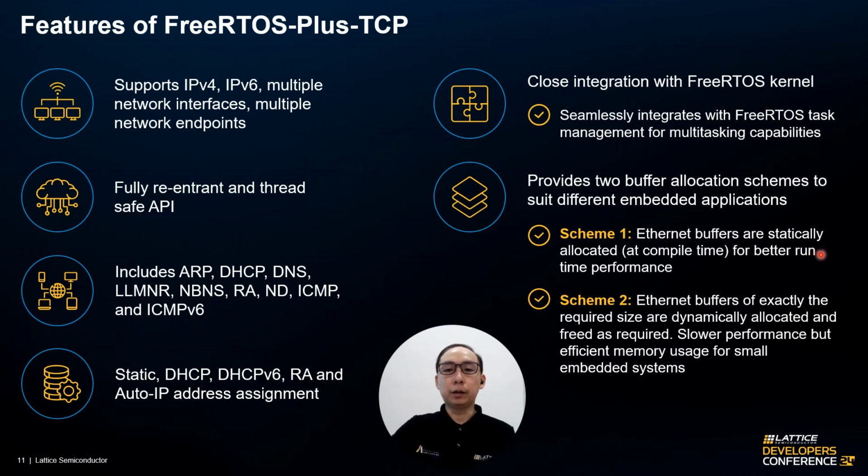This is for better runtime performance. For scheme 2, the buffers of the exactly required size are dynamically allocated and freed as required during runtime. This has slower performance compared to scheme 1, but it has efficient memory usage, which is typically ideal for small embedded systems.